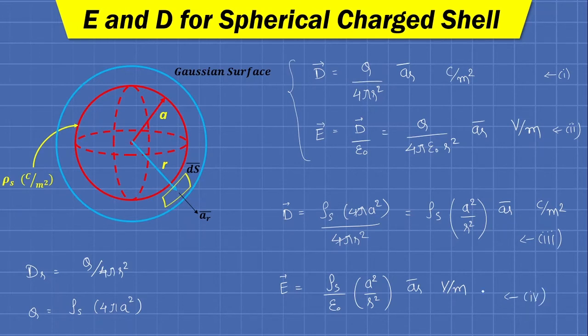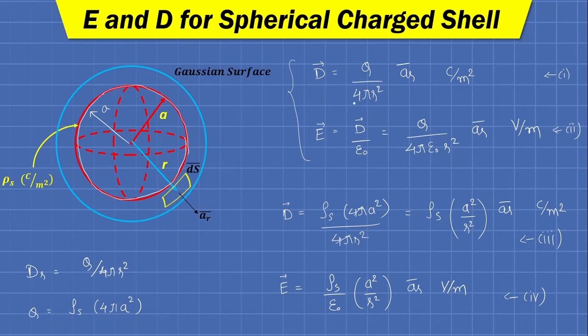Now moving further, if we have to find the intensity and density at the surface, we assume a spherical Gaussian surface with radius a. If we perform the same calculation again, in place of r in equations 1, 2, 3 and 4, we will have small a.